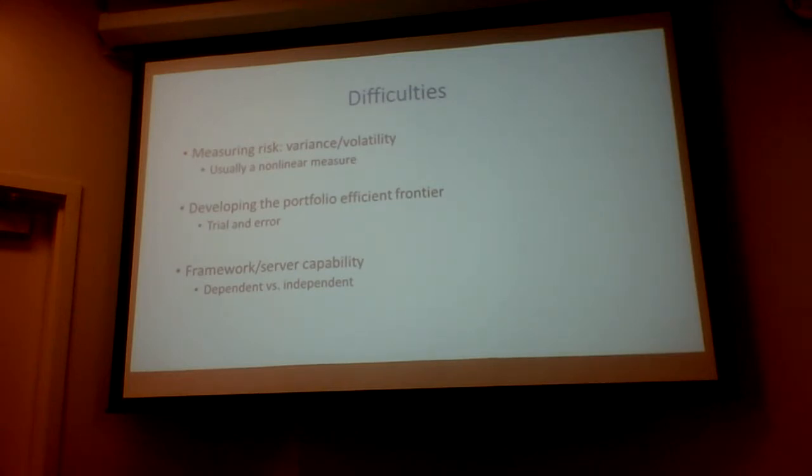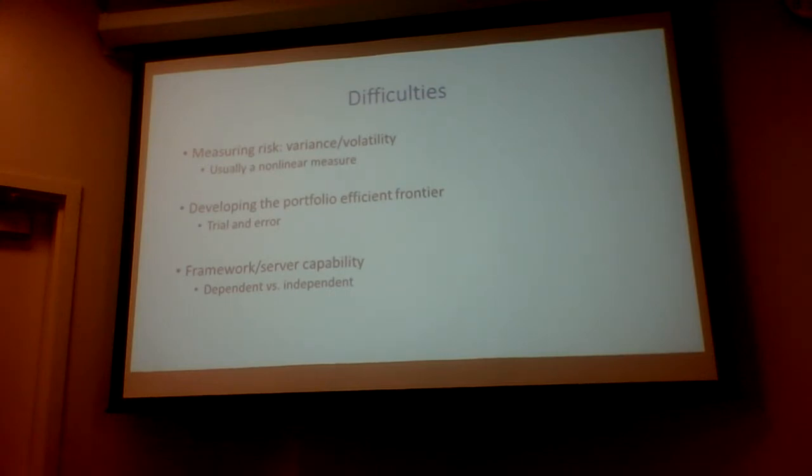Another difficulty is developing the portfolio efficient frontier. This is the curve we want the portfolios to land on. Portfolios that lie below the efficient frontier are suboptimal because they do not provide enough return for the level of risk.